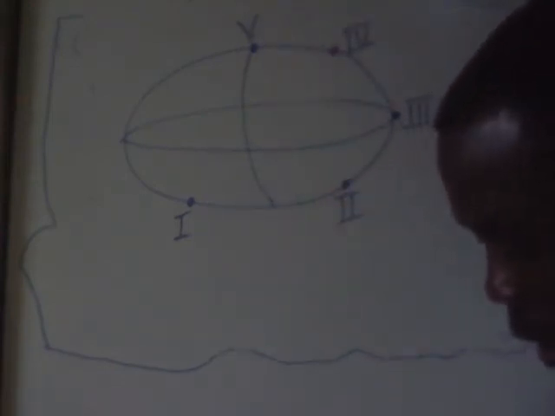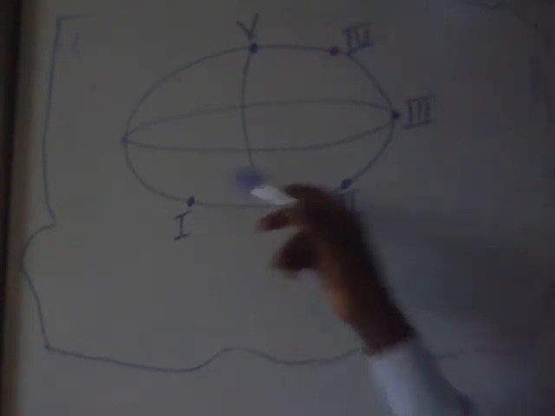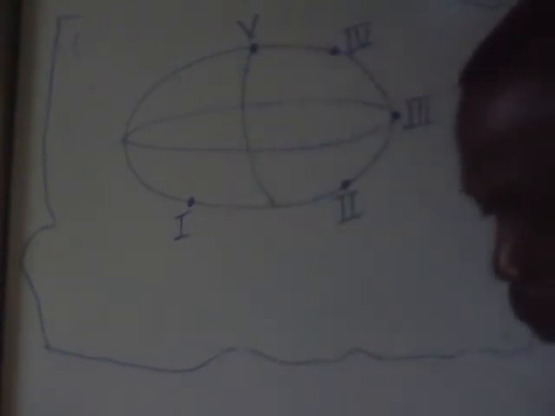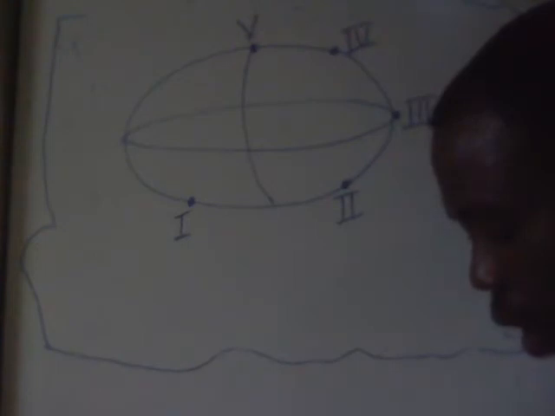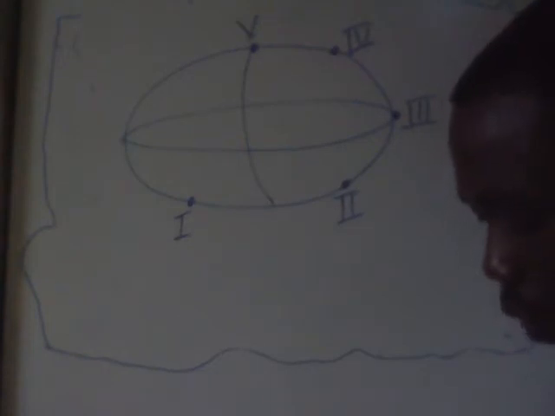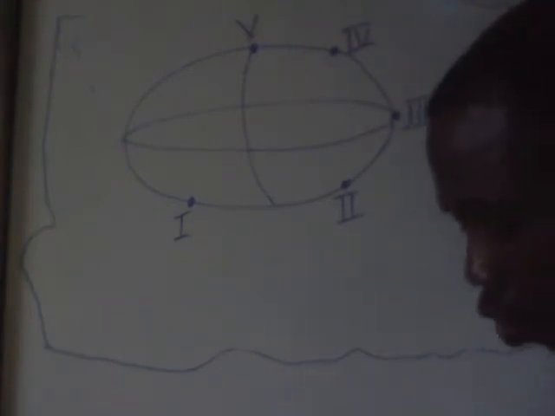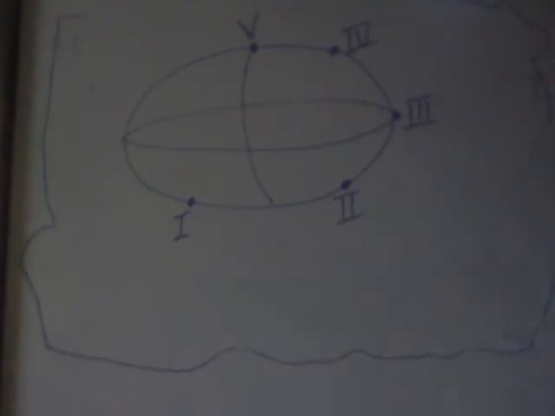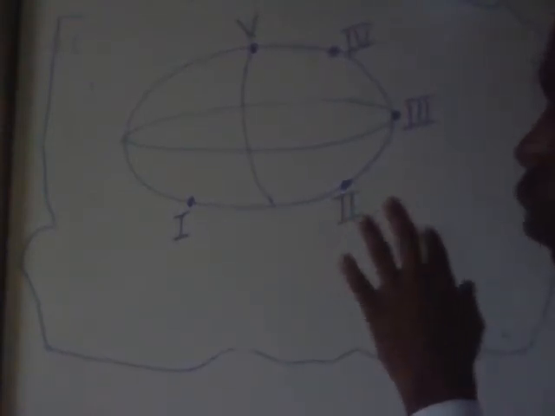Then these are the other points. At which of the points labeled 1, 2, 3, 4, and 5 is the acceleration of free fall due to gravity greatest? Where is the acceleration of free fall greatest here?